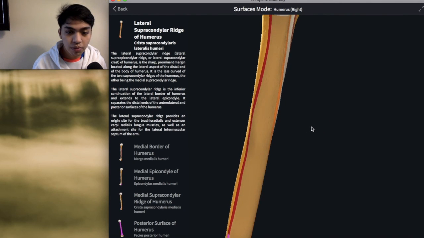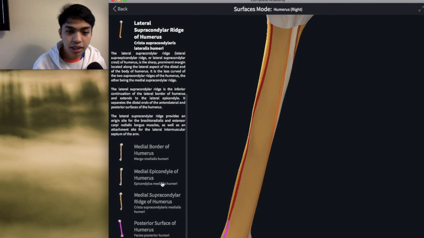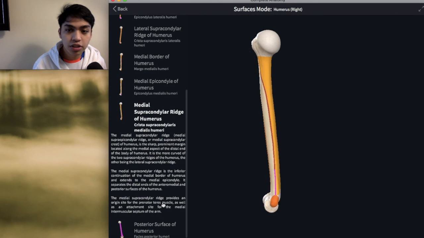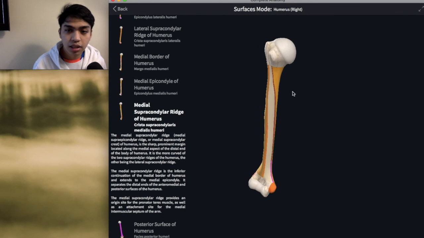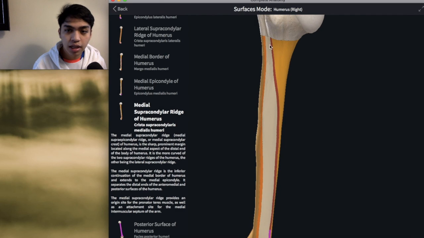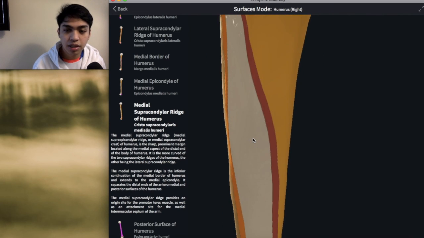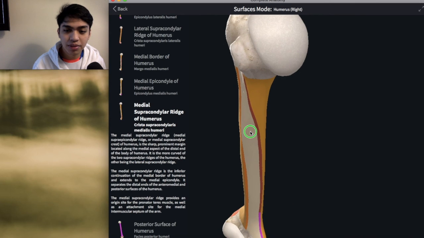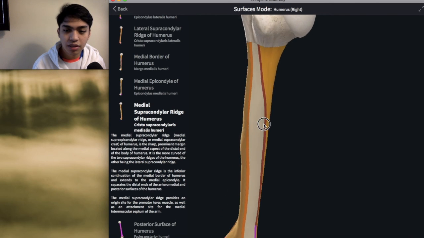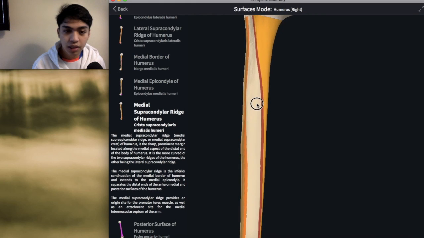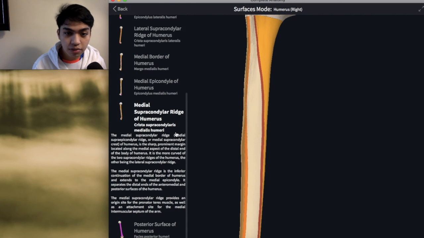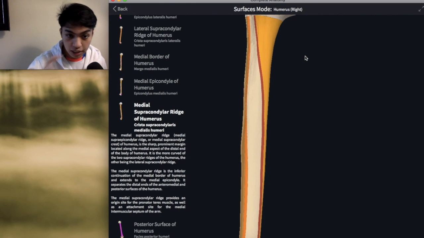Okay, so for the medial naman, the medial supracondylar ridge, yan, the one highlighted in orange. Now, the medial supracondylar ridge is of course in the medial aspect of the distal end of the body of the humerus.